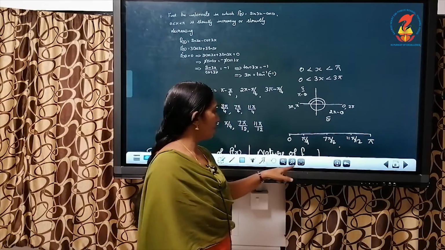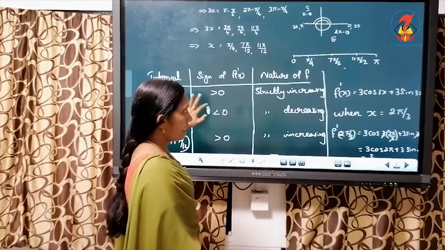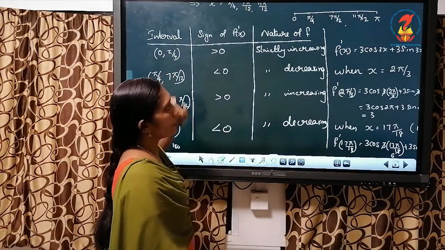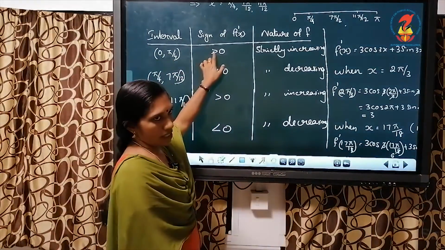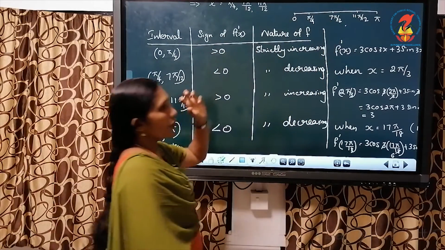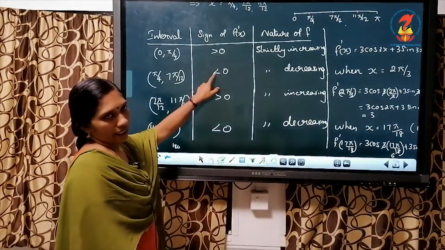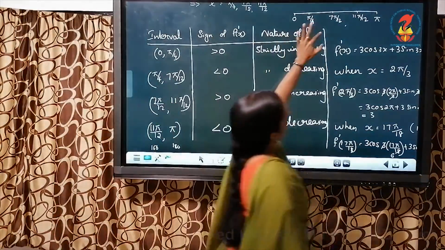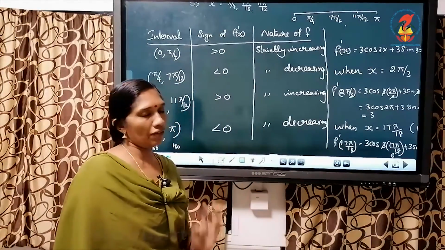Then in the interval 0 to 45, we can take 30 degrees, that is pi by 6, then substitute in f dash x, so it is positive. Then pi by 4 to 105, from that I took pi by 3, again substitute, we will get it is negative. Then 105 to 165, you can take 120 or 150.